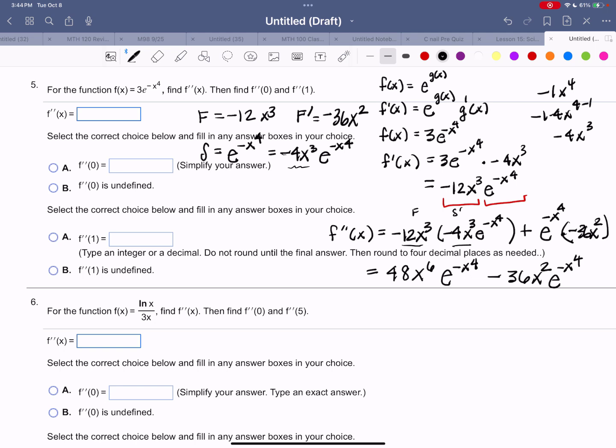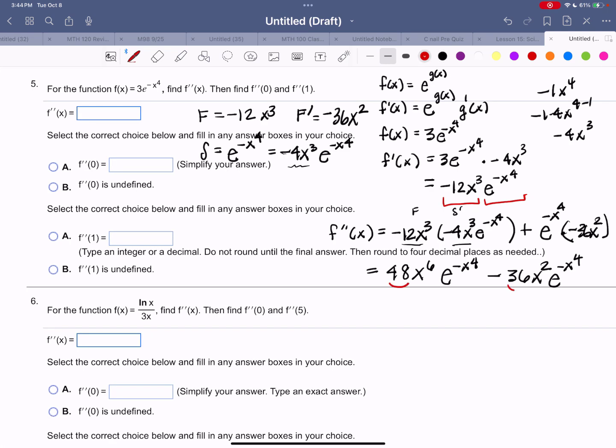Let's see what we can do. 48 and 36 have a common factor of 12. X to the sixth and x squared have a common factor of x squared. And look, we also have a factor that is the same in both, e to the negative x to the fourth. So I'm doing my greatest common factor.